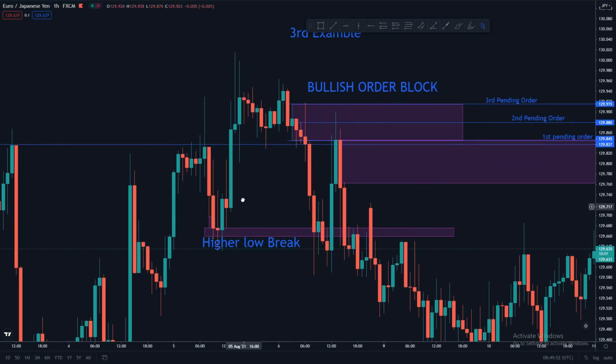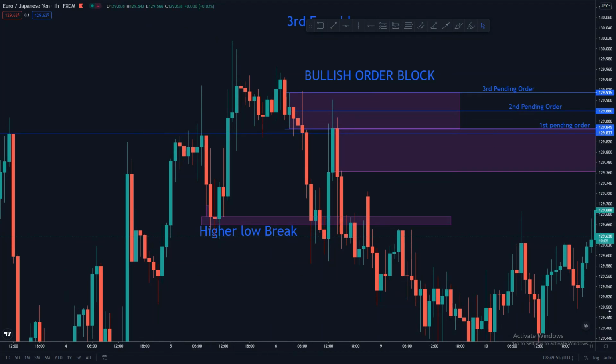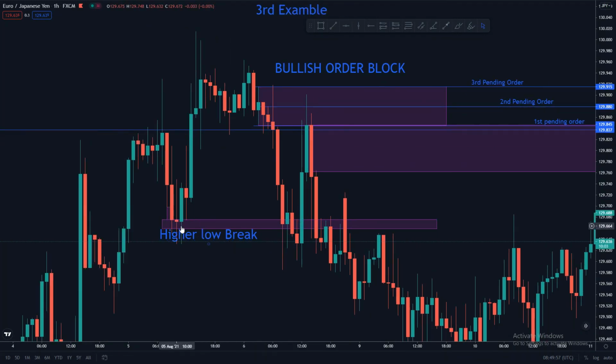What happened? The market gave us this level, came up, then came down and broke the level, as you can see with the wicks and everything. If you can see where the body is and where the wicks are, we can see that the market broke.